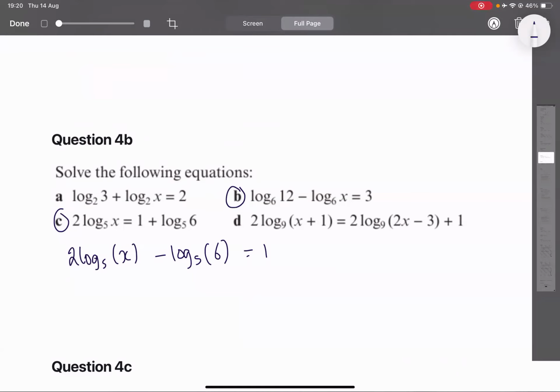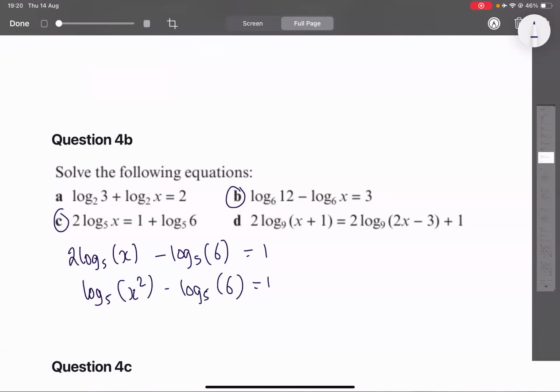Go back to the rules we did a week ago. Do you remember what the rule was about a coefficient, like 2? Would it go as a power of x? Yes, spot on. So what would it say? Log 5x squared. Good.